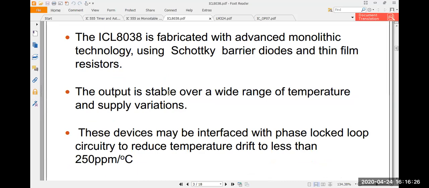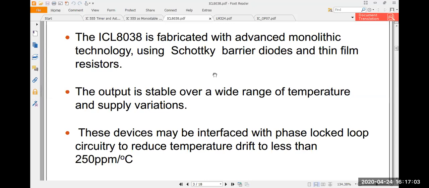What is the advantage of this particular IC? The output is stable over a wide range of temperature and supply variations. So remember, this is very important because we have also seen that in case of operational amplifiers, if there are supply variations and if there are any distortions in the input, how op amps behave erratically.